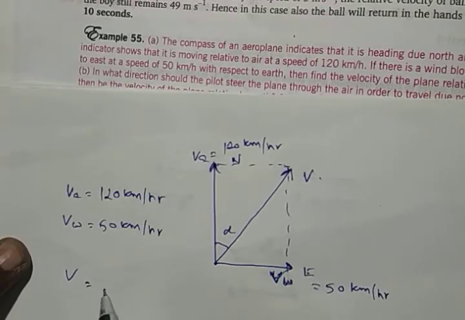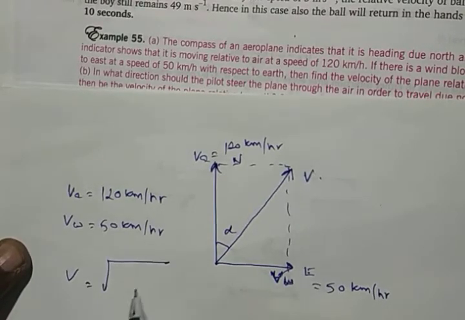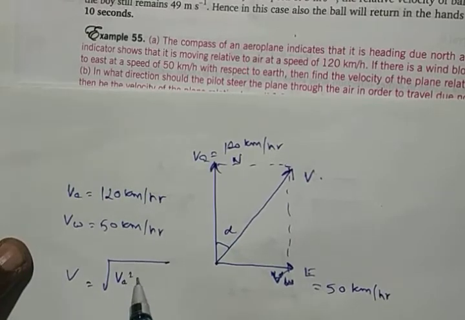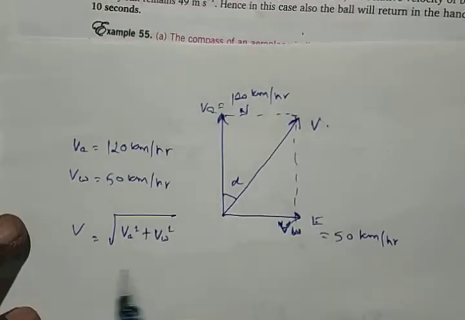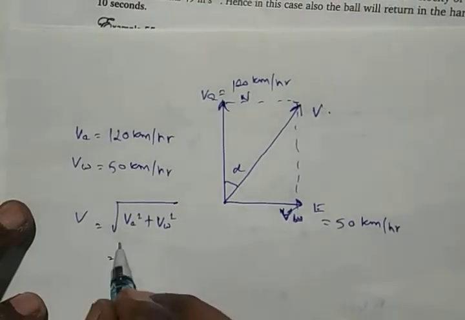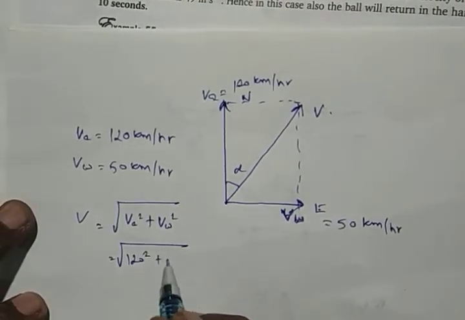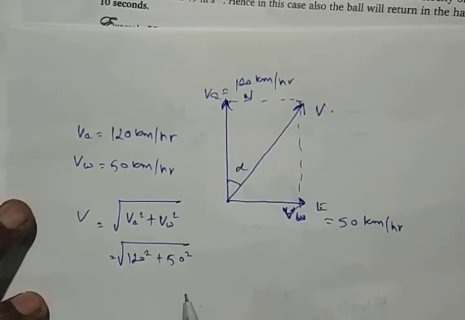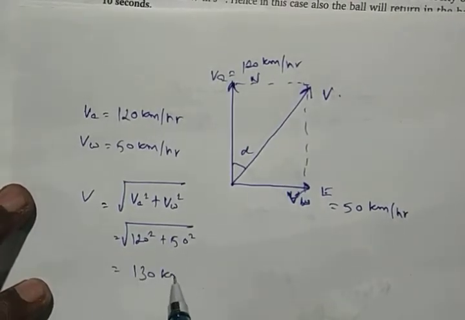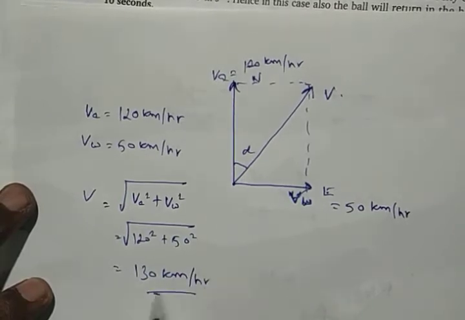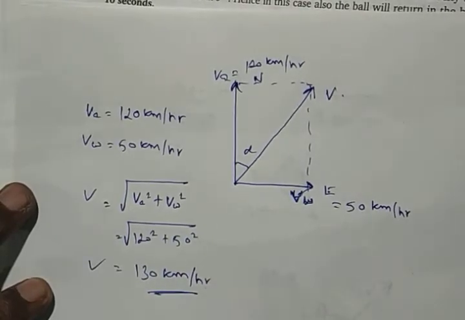So V is going to be equal to under root of VA square plus VW square. Under root of 120 square plus 50 square. When you do this, you will get the final answer as 130 kilometers per hour. That is the velocity of this one.